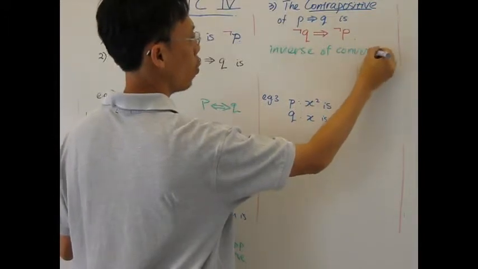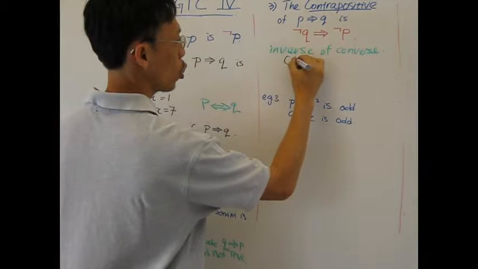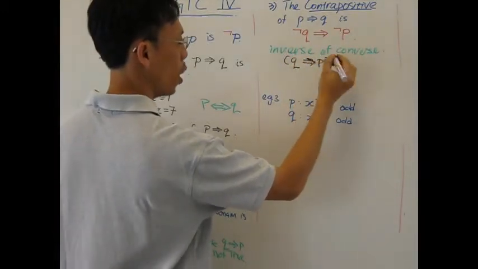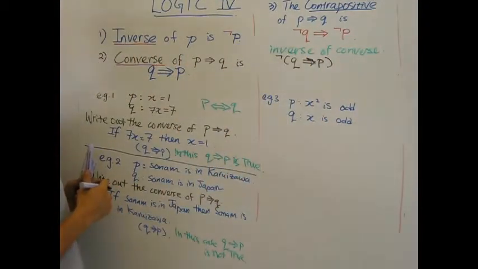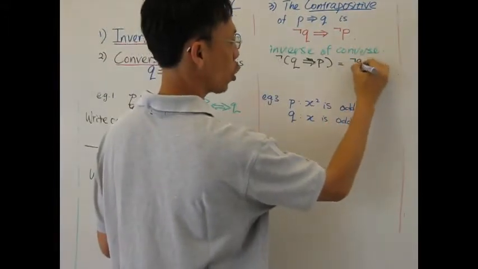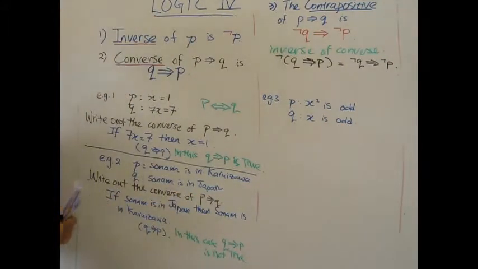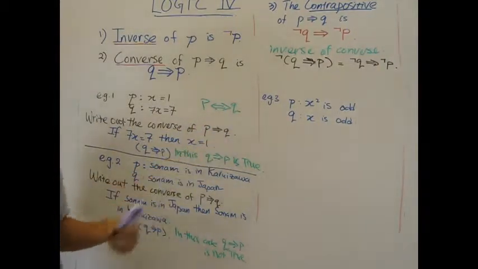If you write it that way, it looks really weird. That is, Q implies P with the not, the inverse sign in front. So this is the equivalent of not Q implies not P. Contrapositive. Let's look at an example. X squared is odd. That's P. X is odd.